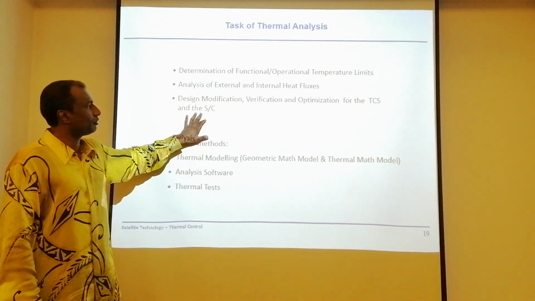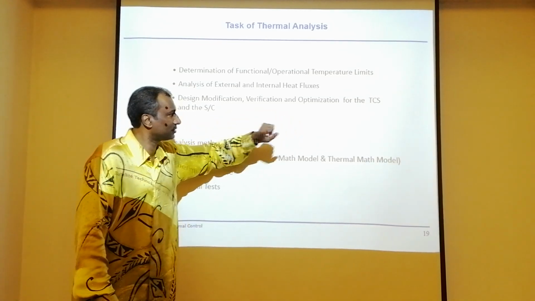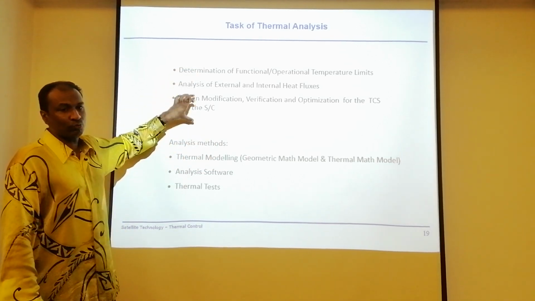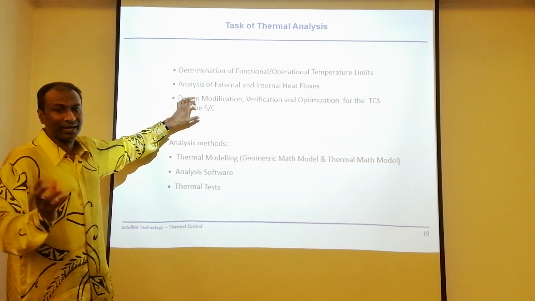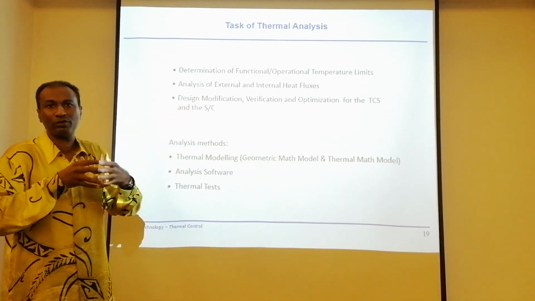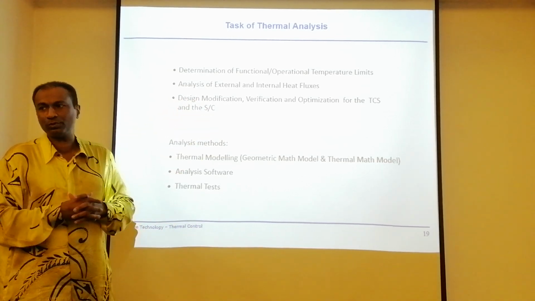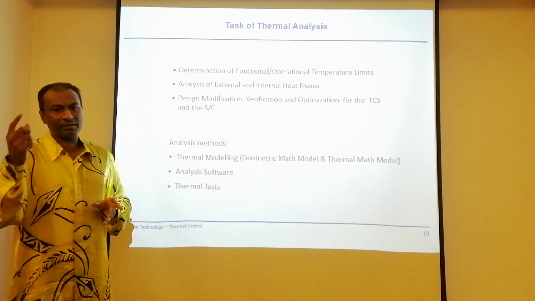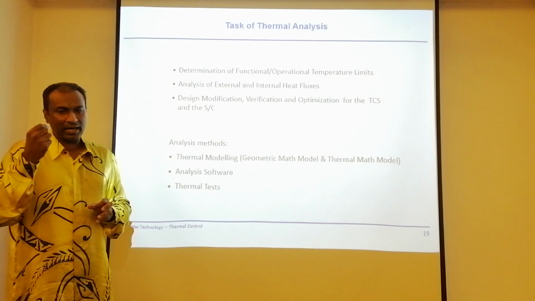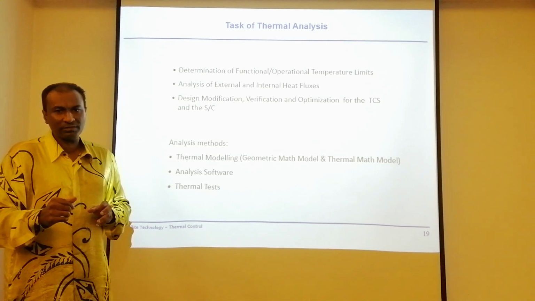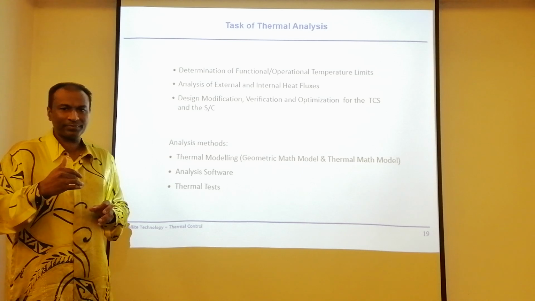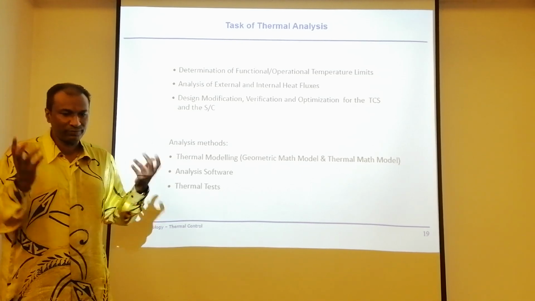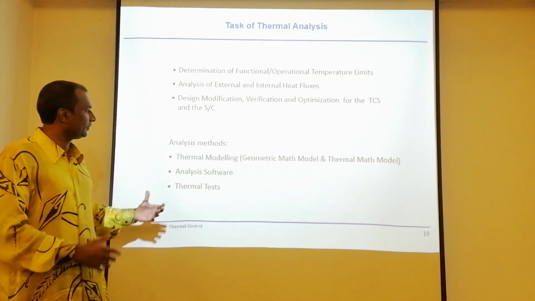And then design modification or verification, optimization, etc. Based on these two, we can look into what kind of options we have in order to cool down the thermal heat from the spacecraft. Remember, I can only use radiation to eject any heat generated in my spacecraft. That's the only way. So I have to think now what are the options that I have.